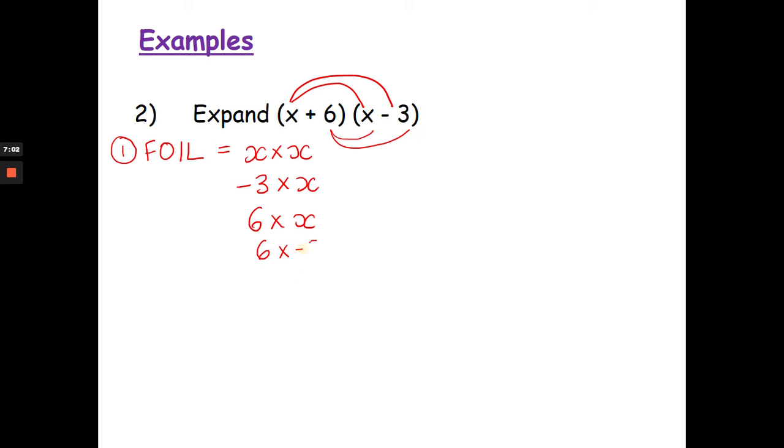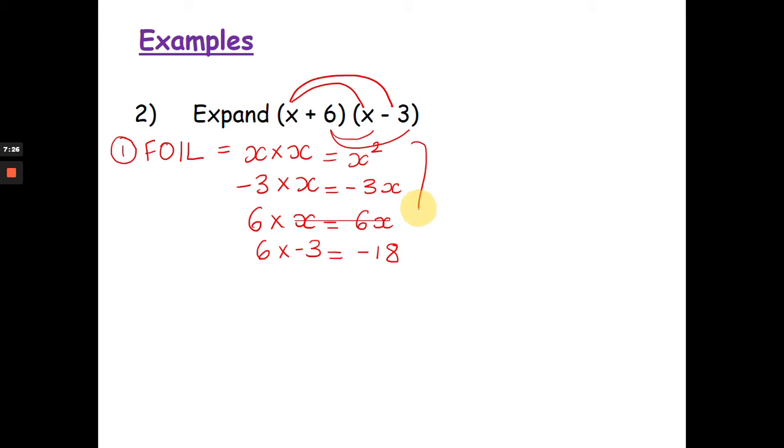So really important to jot down the minuses here. And then just simplify each term. So x times x gives me x squared. Minus 3 times x gives me minus 3x. 6 times x gives me 6x. And then 6 times minus 3 gives me minus 18.